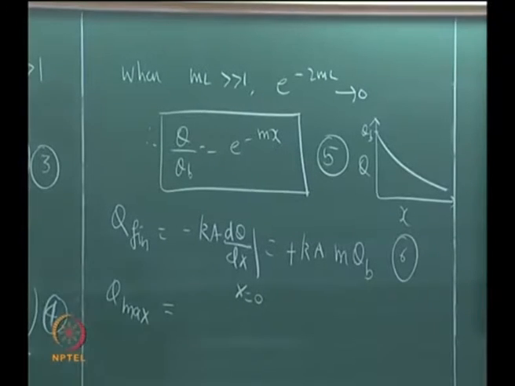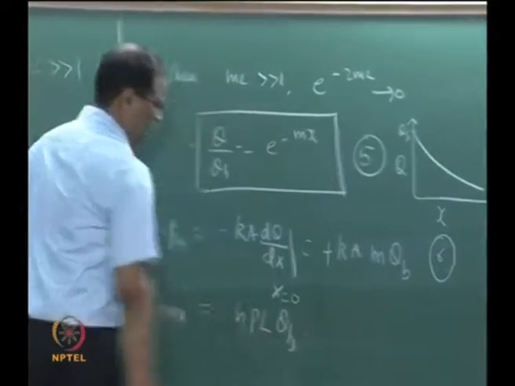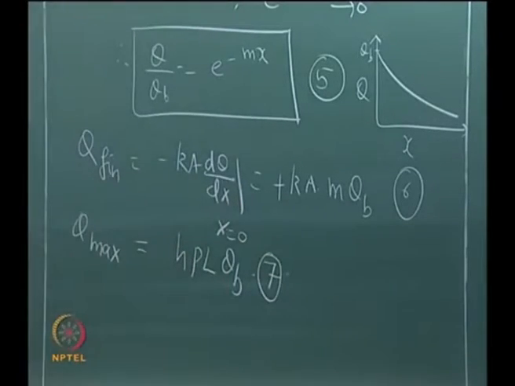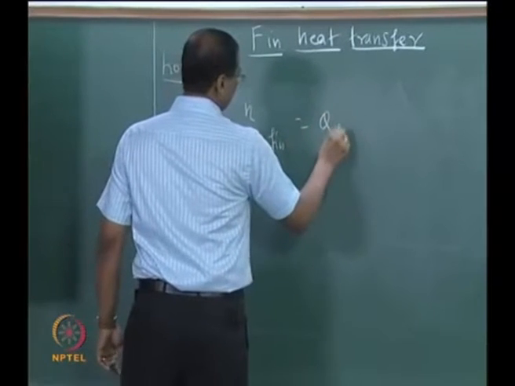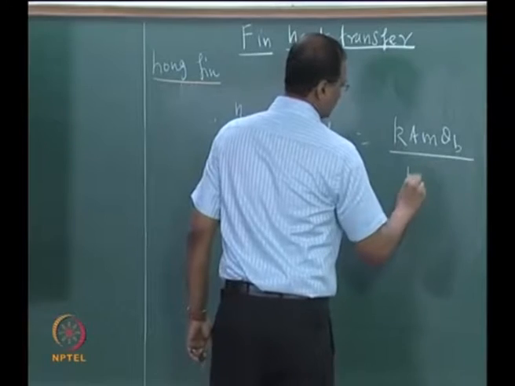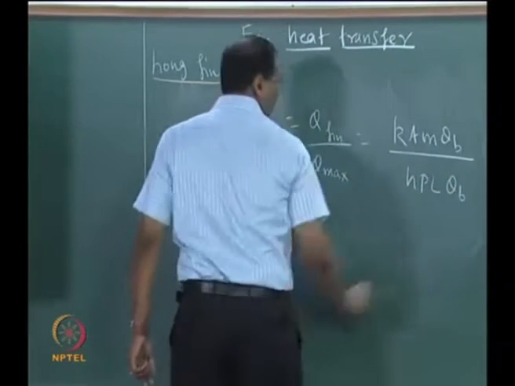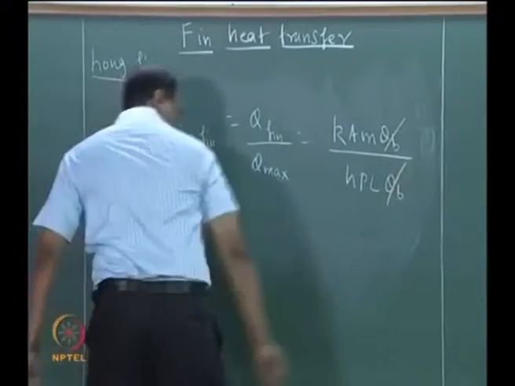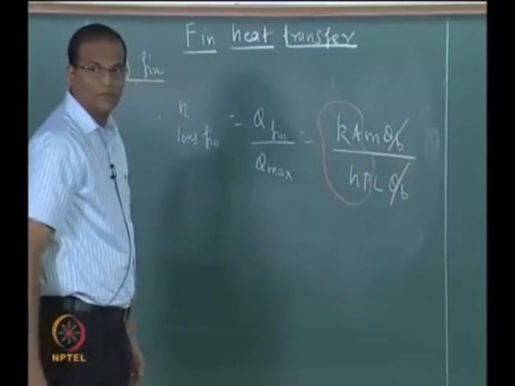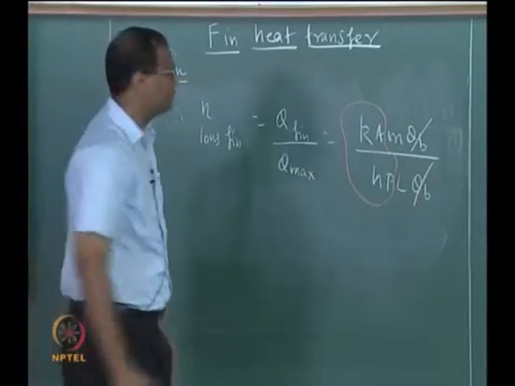So this will be hPL theta b, therefore the efficiency is 1 by mL.